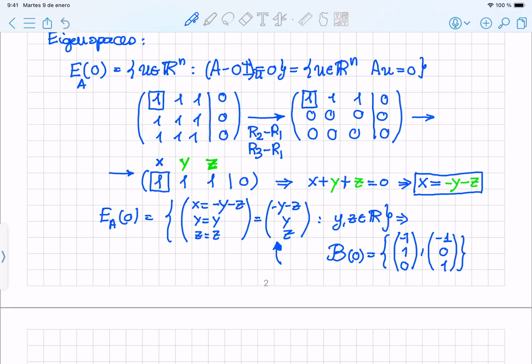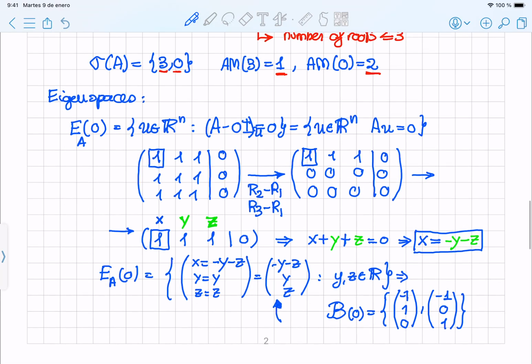This is a basis for the eigenspace associated to 0, which, since it is generated by two vectors, is a plane. Observe, and this is very important, that this subspace has dimension 2, because basically the algebraic multiplicity before was 2. So we expected this 2.